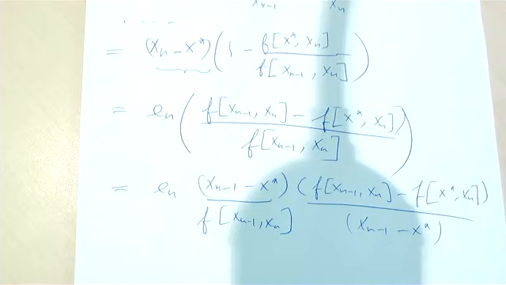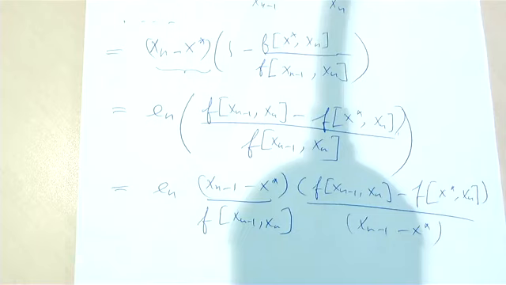How about this one? If you remember the divided difference formula, this one is just a divided difference over 3 points: xn minus 1, xn, and x star. In the interpolation chapters, this is exactly the formula for divided difference over 3 points.